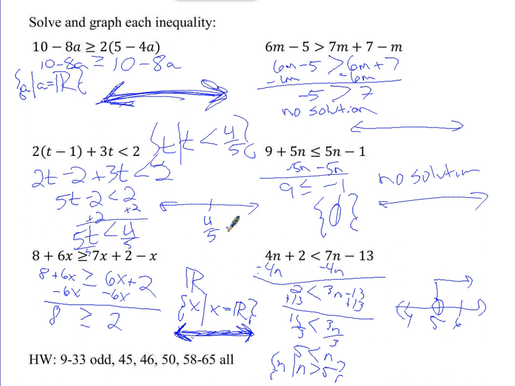Is 4/5 bigger than 1? No. Is it bigger than 0? Okay, so 0, 1. My dot will be open, and I'm going to the left, because less than is to the left. There you go. That is the entire section.